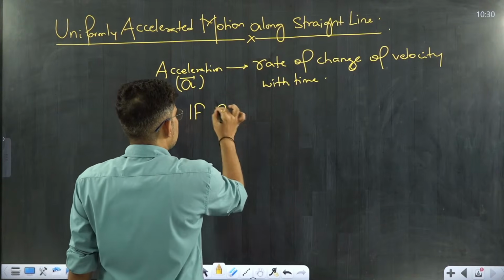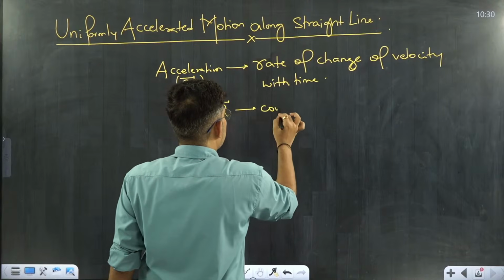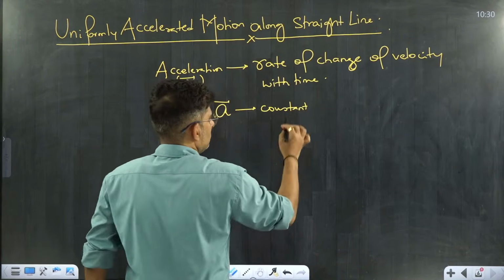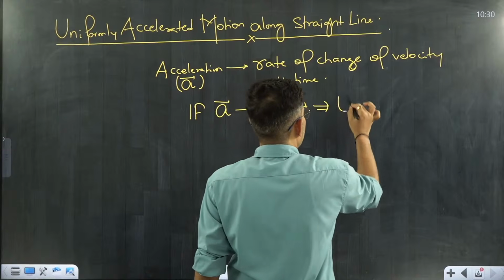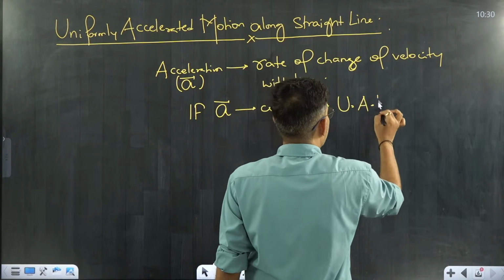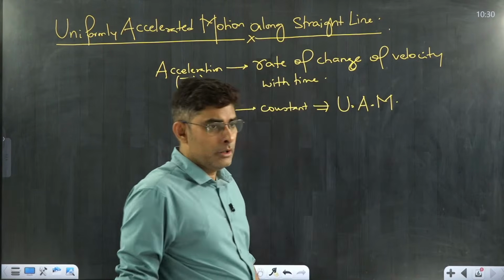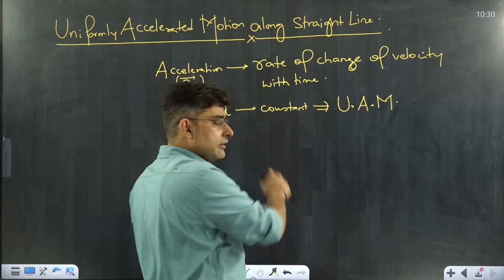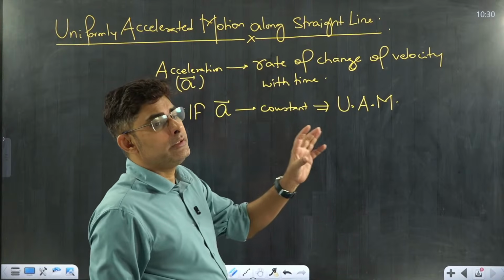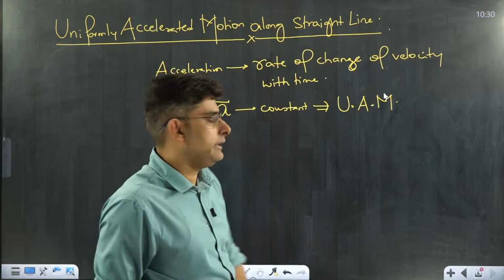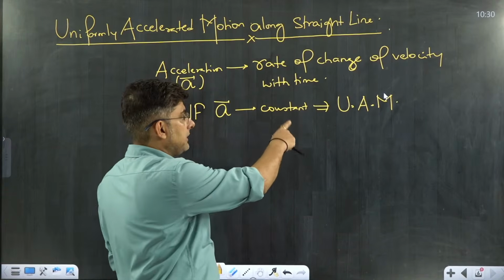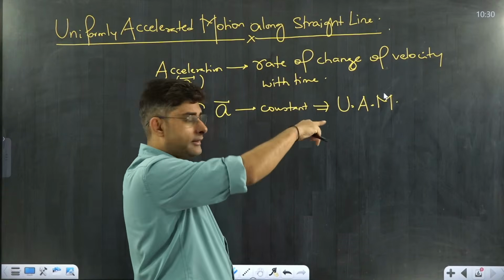If acceleration is constant, this means it is called uniformly accelerated motion. So when acceleration is constant, velocity will change linearly. If acceleration is constant, rate of change of velocity is constant.